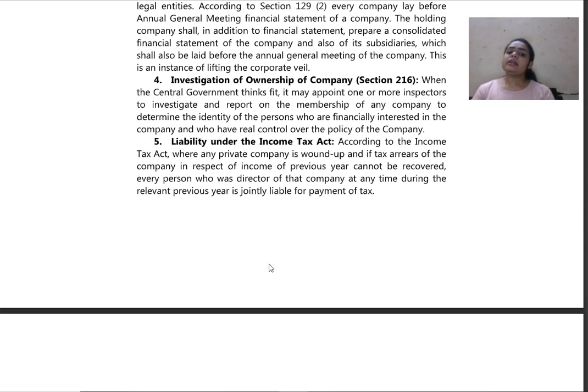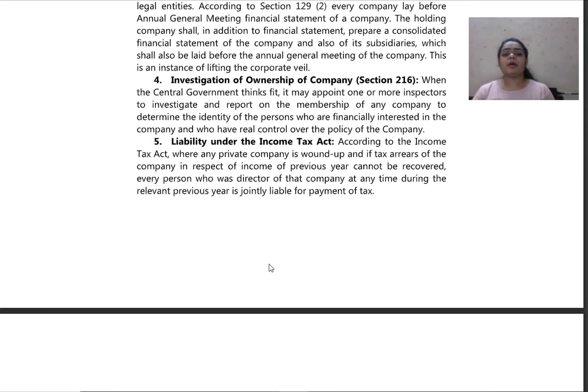So the central government has the right to inspect who the people of the company are and report about the members, so that the court knows who the real people behind the company are and what is going on in the company, because public interest or the confidence of the public is dependent upon this.